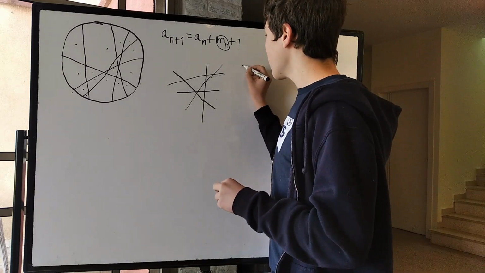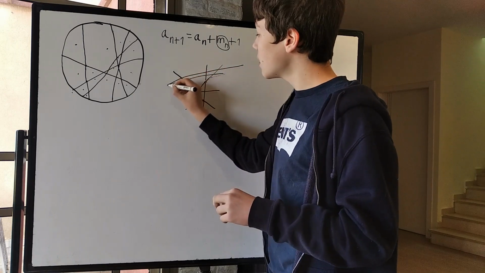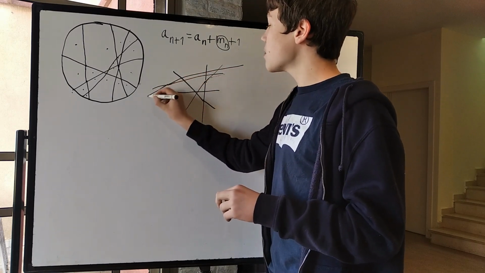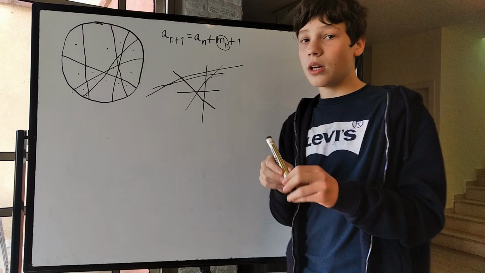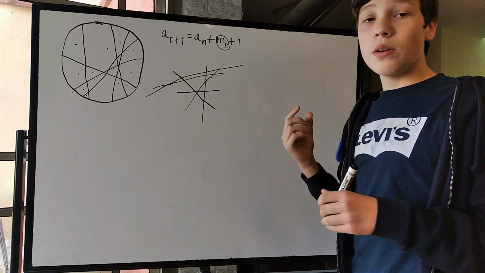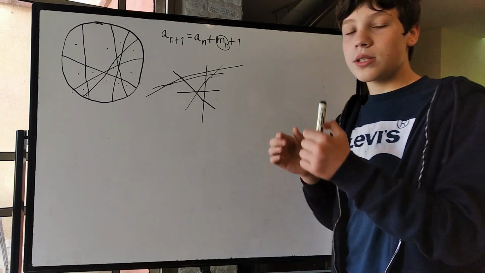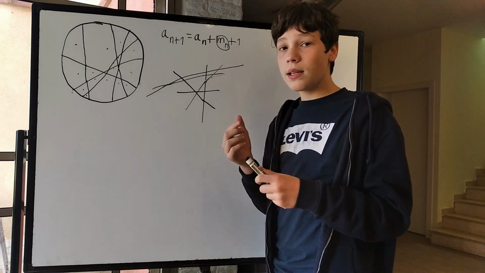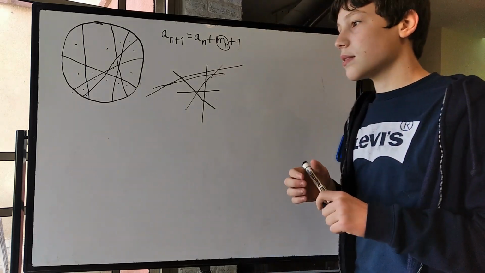So we pass a new line. And let's assume that no 3 lines are intersecting at one point, because if they would, we can just move one of those lines a little bit to make it so that no 3 are touching.